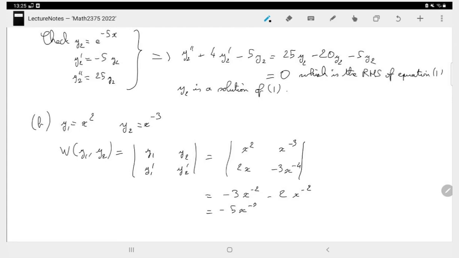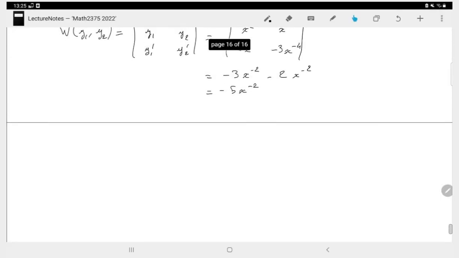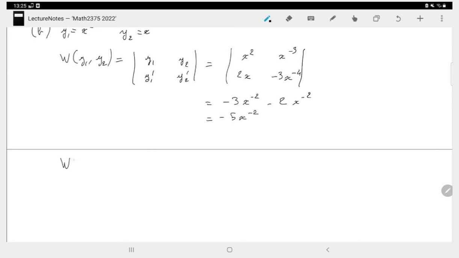Okay? And then, in the same vein as before, we ask you to calculate the equation that results from setting the Wronskian of y1, y2, y equals 0.